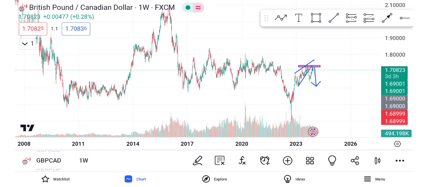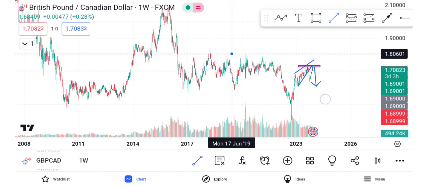As you can see here now, the first thing we need to check is whether we are not selling at the support level. So let's see, I can spot a trend line on the weekly time frame here.